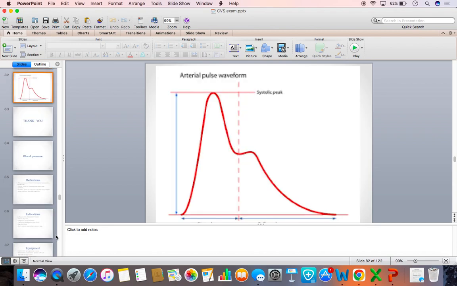This is the normal wave pattern of the pulse tracing.